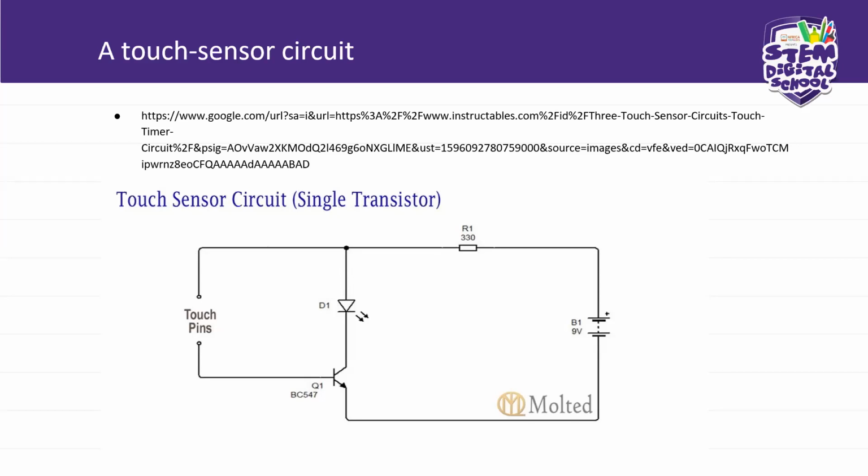It must have light. It must be activated. Or if you put a buzzer there, when you touch the stripped copper, then your buzzer must go off.